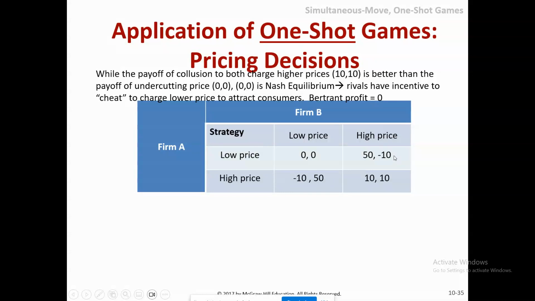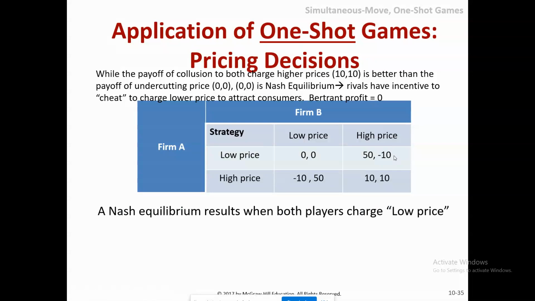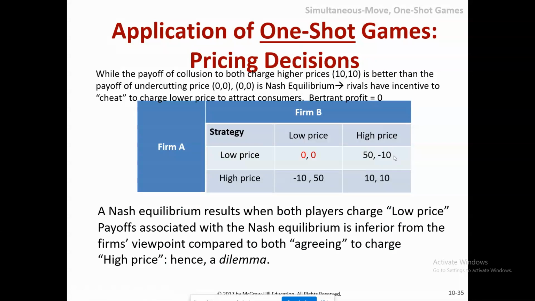Then after considering the other's incentive, no one wants to bear economic loss, and both will choose to cheat and charge low prices. Then the outcome is nobody earns any economic profit. Payoff is zero. So low price is Nash equilibrium because no one can do better by changing his strategy given the other's strategy unchanged.